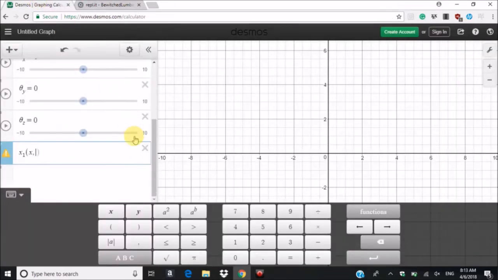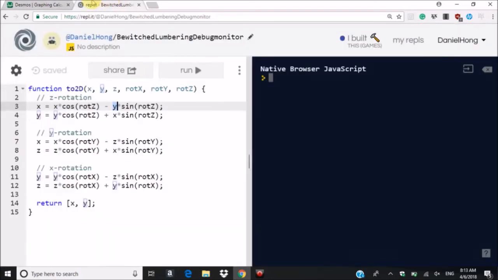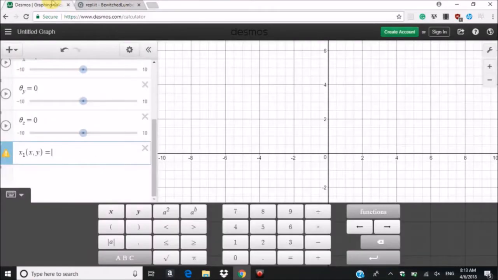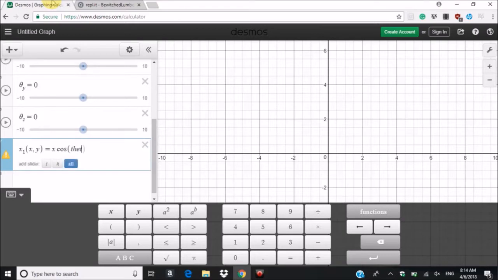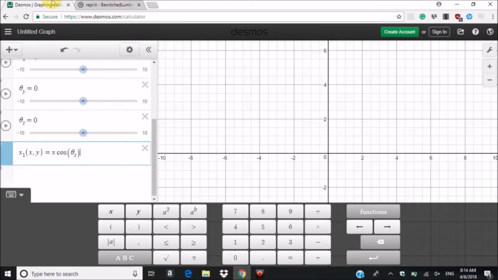We're going to copy what we have here: x times cosine of z rotation minus y times sine.